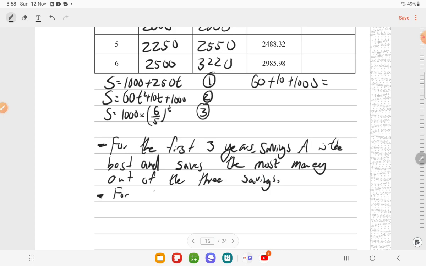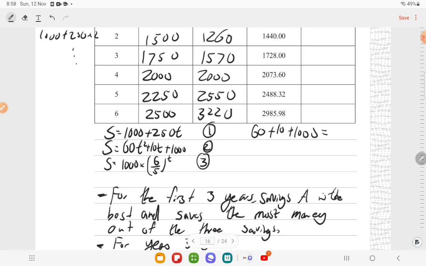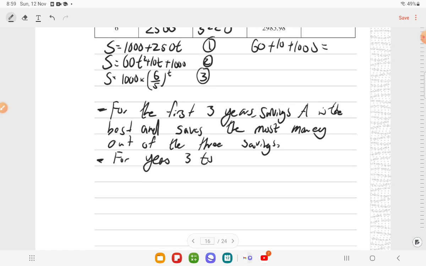For years 3 to, actually yeah, it gets added at like the end of the year, I think. So for years 4 to 5, savings C is the best.